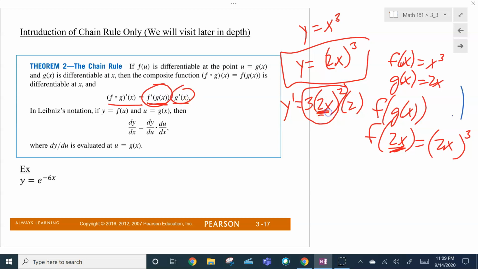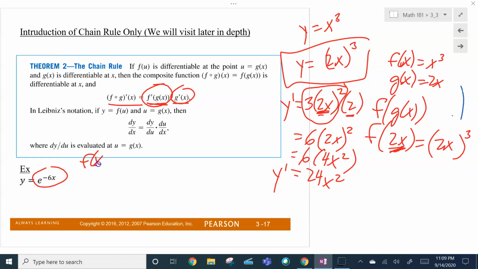So the derivative of 2x is just the 2 right there. So it cleans up to be 6 times 2x quantity squared, or that's 4x squared, or 24x squared in this case, right?